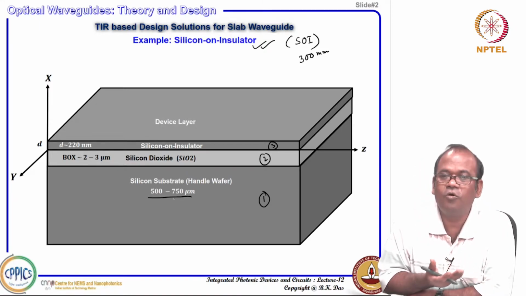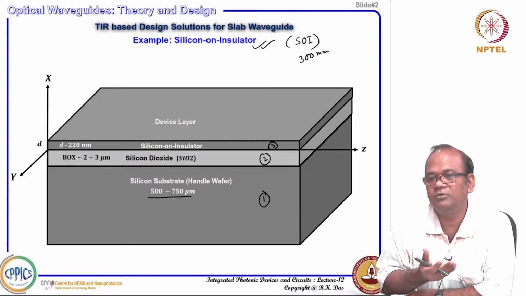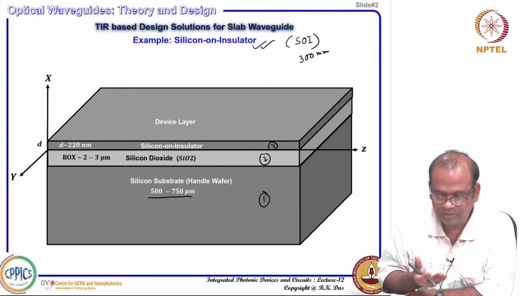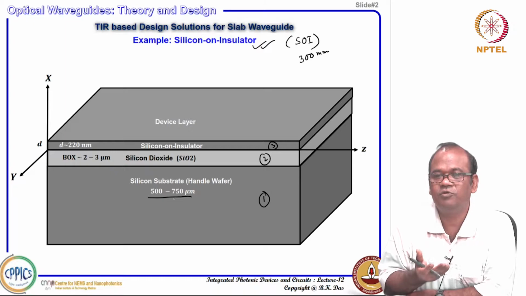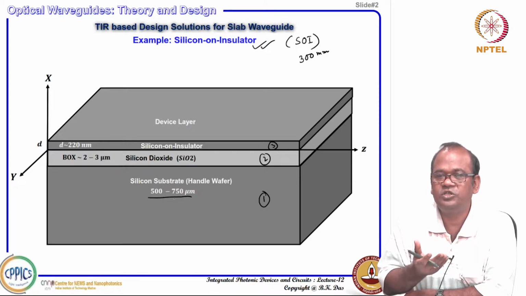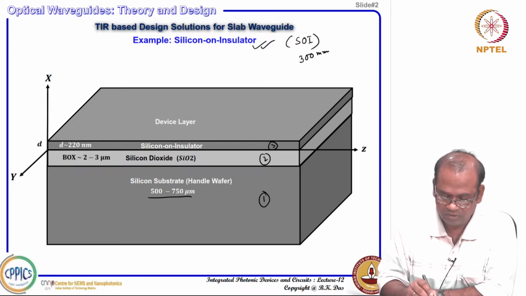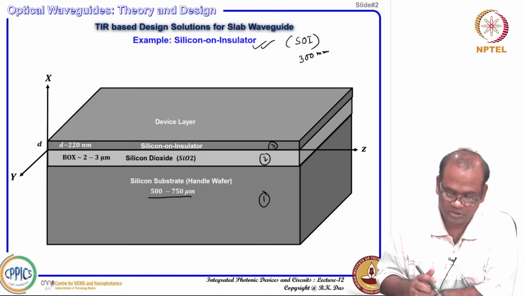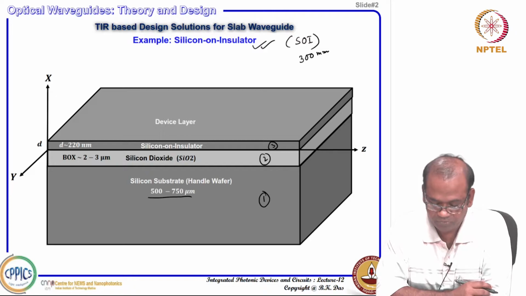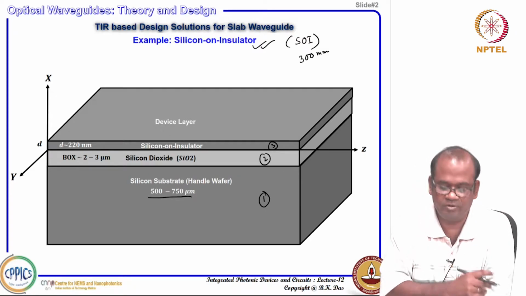It has no role in optical waveguide design, but it gives mechanical strength to the wafer. If you are fabricating a chip out of SOI, you can get good strength if you have this much thickness. That is the reason this much thickness is given as a silicon substrate, just a handle wafer.